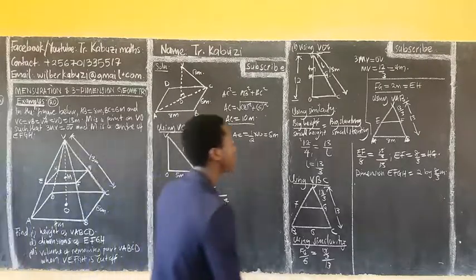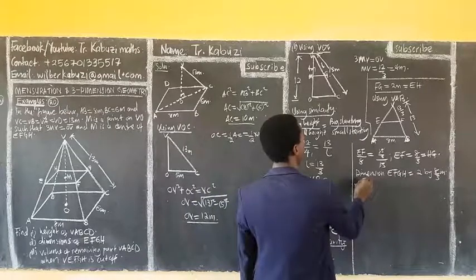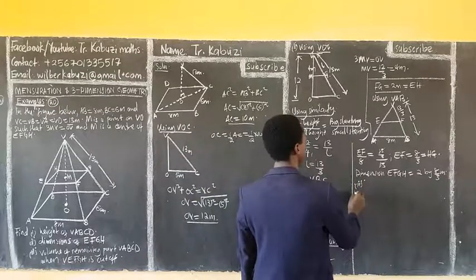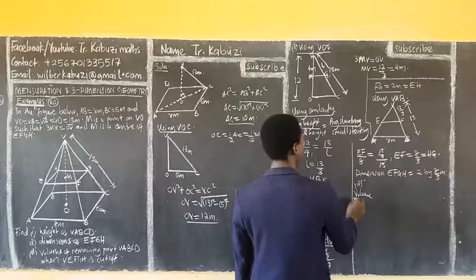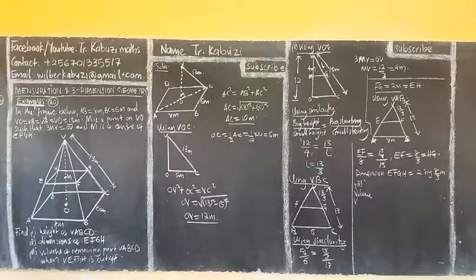Now this is Roman numeral 3. Now that volume is going to be the volume of the remaining parts, when we cut off VEFGH.